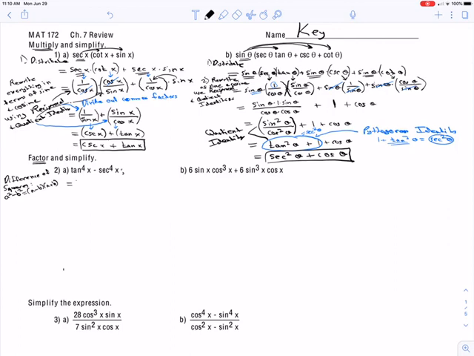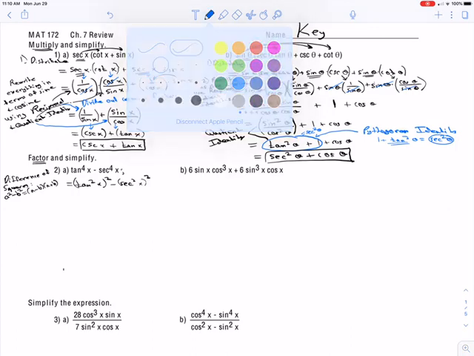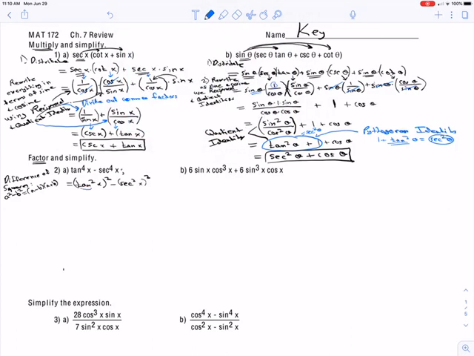So again, in this problem, what we have is tan to the fourth x being tan squared x squared. That's the square. Minus secant to the fourth x, well that's secant squared x being squared. So there's your A and your B. Here's your A squared, so to speak, and here's your B squared.